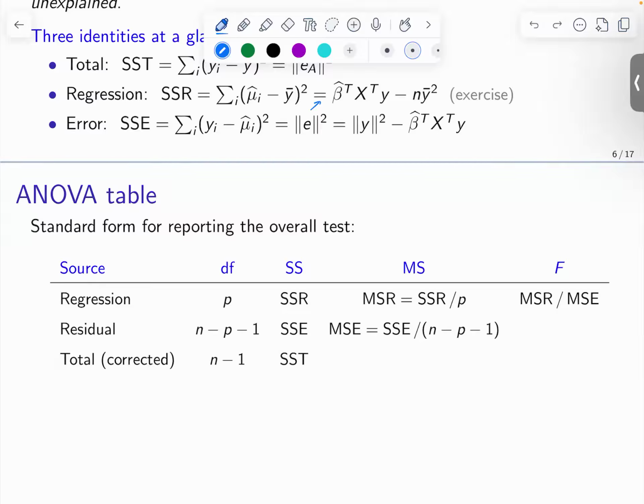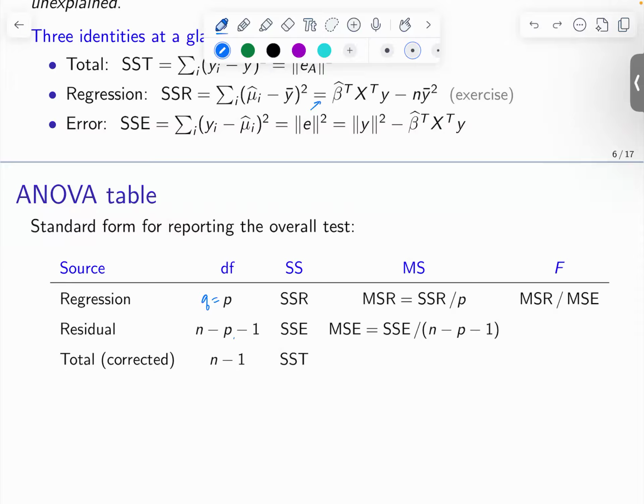SST has n minus 1 degrees of freedom. The SSE has n minus p minus 1. And the remaining degrees of freedom is p, which is picked up by SSR. This p is really our q here, okay? So this is a special case of the general dimension calculations that we did.